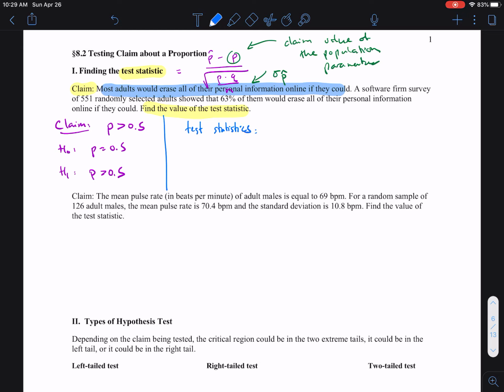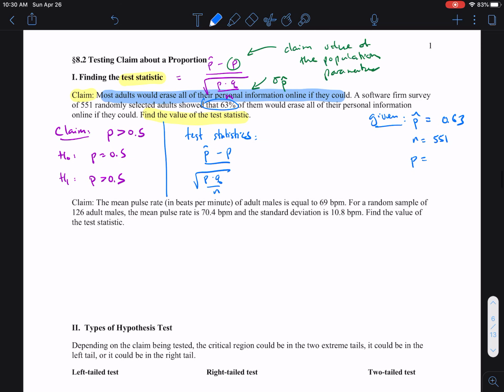The test statistic is going to be p hat minus p over the square root of p times q over n. From the given problem, p hat is equal to 0.63. That's what the study shows. n is 551. p is the population claim value, which is 50%, and that comes from the null.